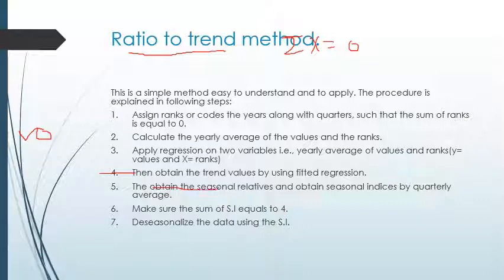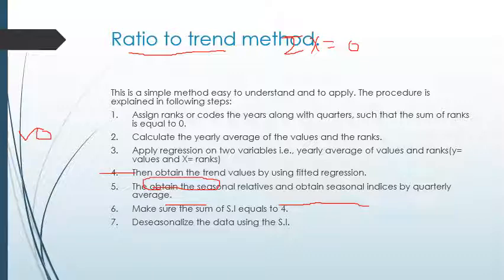You know how to calculate trend values because I have already taught you how to obtain trend values from regression. In the fifth step, we obtain the seasonal relatives and obtain the seasonal indices by quarterly average. You already know how to calculate seasonal relatives and obtain seasonal indices.